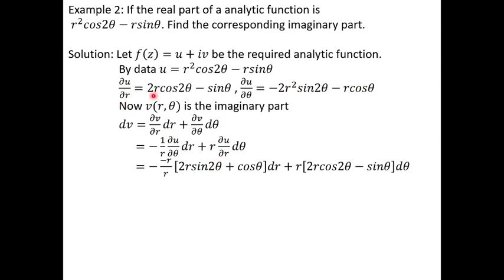What is dou u by dou r? Here 2r cos 2 theta minus sin theta into d theta. Simplify. After simplification, we see here 2r sin 2 theta plus cos theta dr plus r into 2r cos 2 theta minus sin theta into d theta.